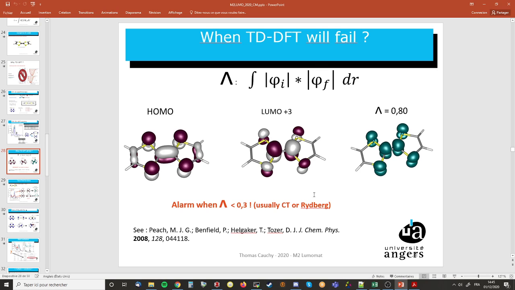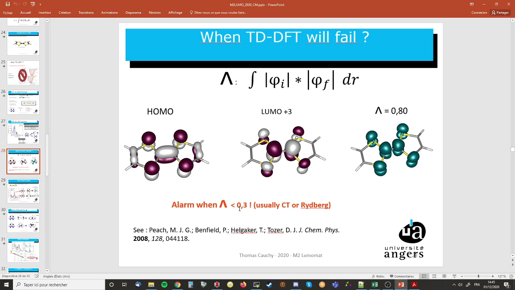Quite huge. In DFT, it has been shown with this article that if you are under 30%, the electron in the excited states and the hole are quite separated.